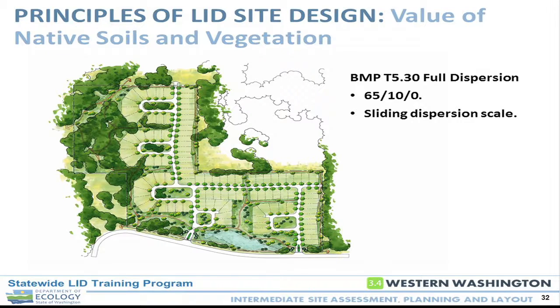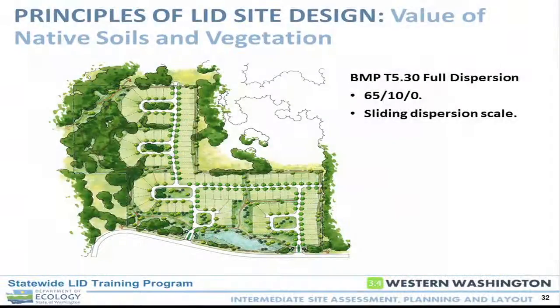What you might not be aware of is there is a sliding dispersion scale. We asked the question to ecologists, well, what if somebody does a great job on a difficult site of reducing the development envelope and they have 60% or 55%? Is it just 65 or nothing?